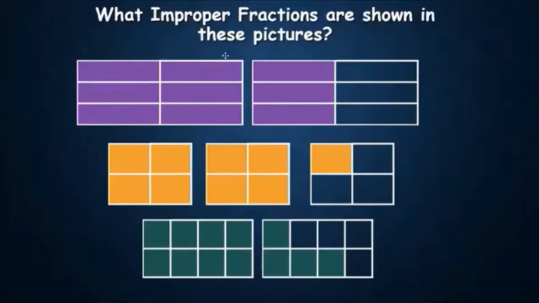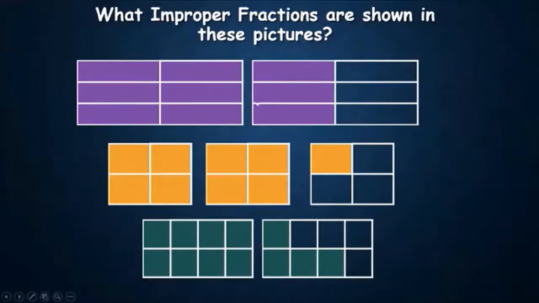Now let us also solve some questions to check what we learned about improper fractions. The question is, what improper fractions are shown in these pictures? For the first one, one shape is fully shaded, that is 6 parts. So the numerator is 6 plus 3 parts, which are shaded in the second shape, which is 9. So 6 plus 3 is equal to 9. That means our numerator is 9.